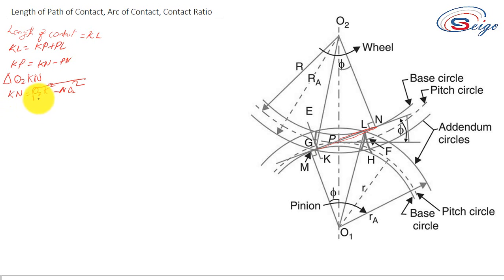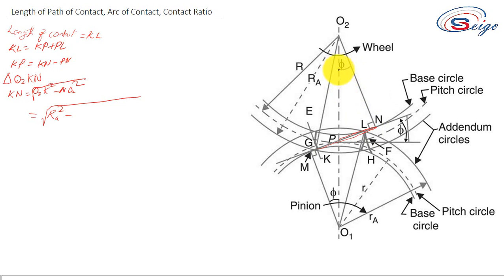What is O2K? It is actually the addendum radius. So you can say that KN is the root of RA square minus O2N square. What is O2N?